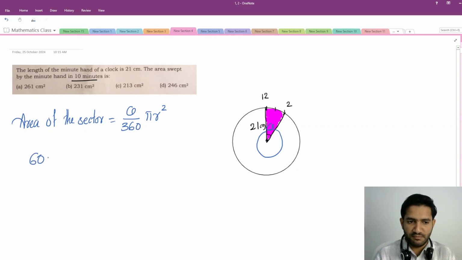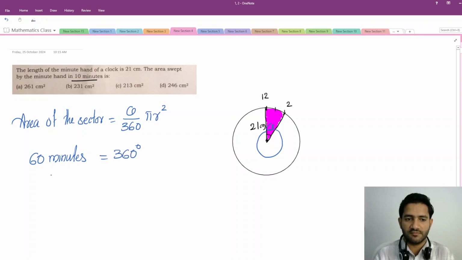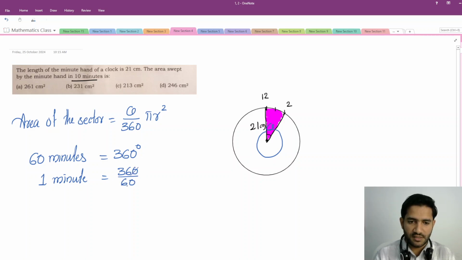So 60 minutes equals 1 complete rotation, that means 360 degrees. So the angle created by 1 minute is equal to 360 by 60. We can cancel 0 and 0. 36 by 6 is 6 degrees. So 1 minute is 6 degrees.